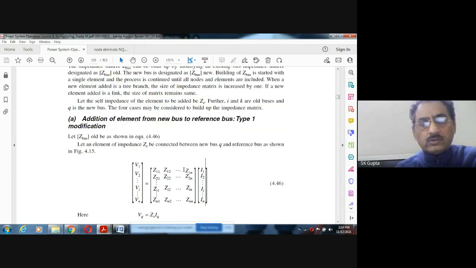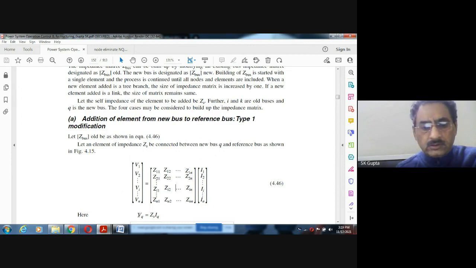This is the additional equation, and this is the old Z bus, related with the currents injected into the network at the different buses and the voltages of the different buses, from Z11 to Z1N, then ZN1 to ZNN. This is the old Z bus.